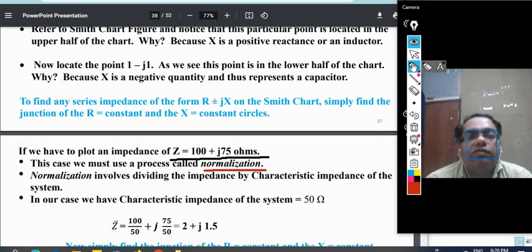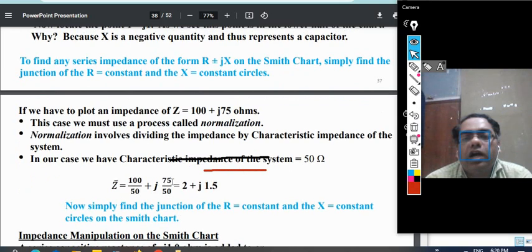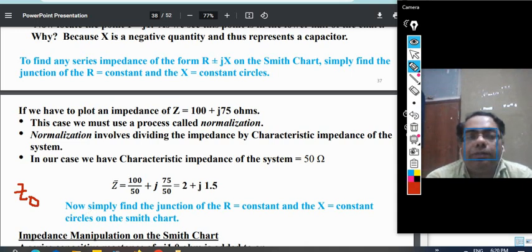We divide this 100 plus j75 by 50. We generally normalize with respect to Z0, which is the characteristic impedance of the line. Typically Z0 is considered to be 50 ohm. Just keep this in mind. So if you divide by 50, we get 2 plus j1.5.